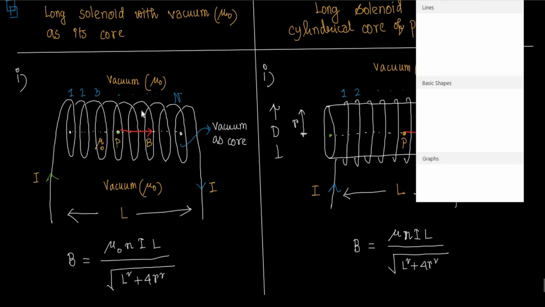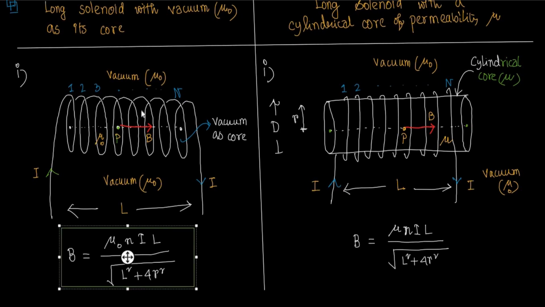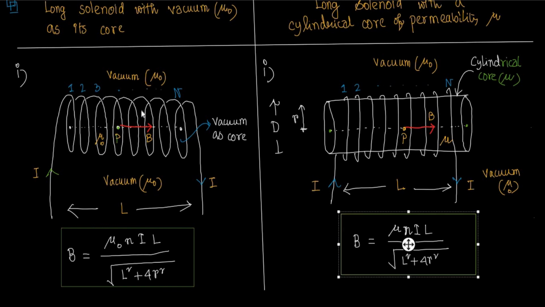In this case both have finite length according to the diagram or expression. The solenoid has finite length, and we get the expression of magnetic field induction at a point on the axis of the solenoid.